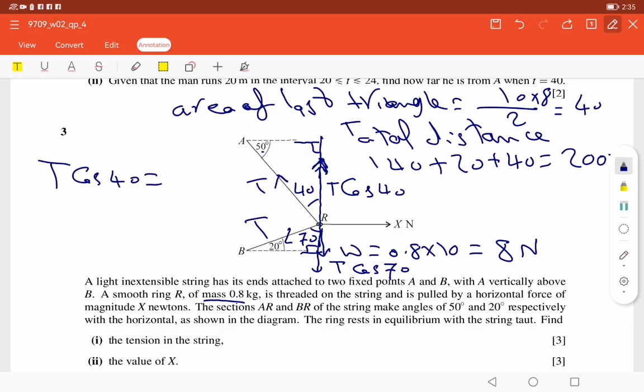All the forces acting downward, which equal T cosine 70 plus the weight force.